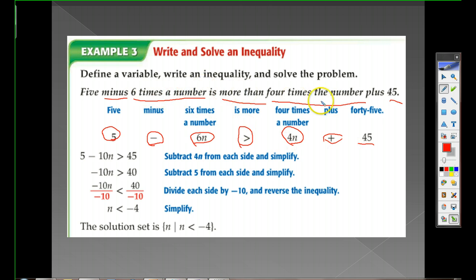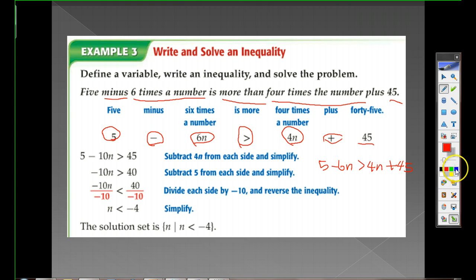So all these words you see here, this long sentence, you just put it in numbers and signs. All right, so you have, let me just rewrite this over here. Whoops, wrong number. All right, so you have 5 minus 6n greater than 4n plus 45.